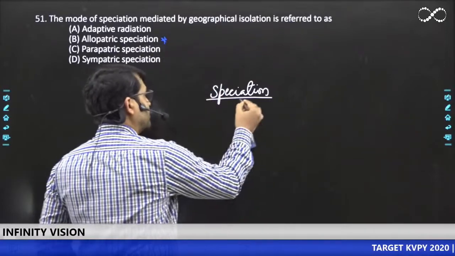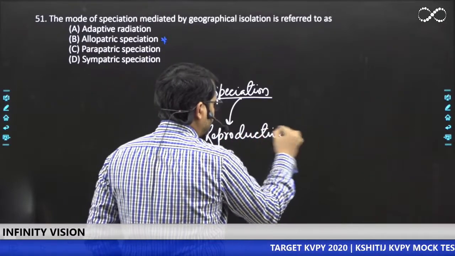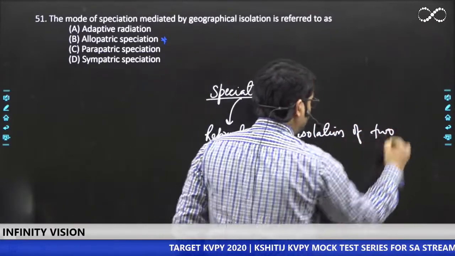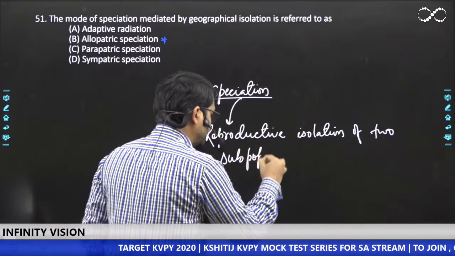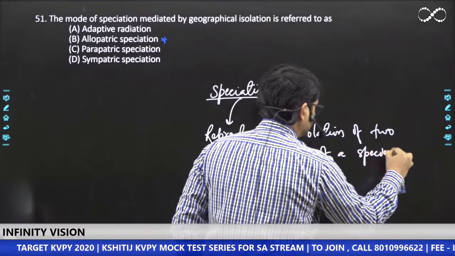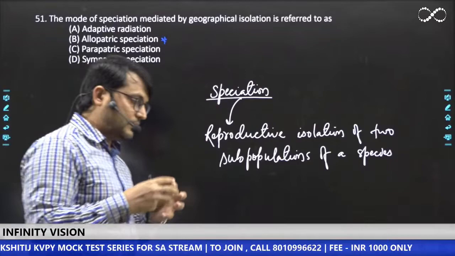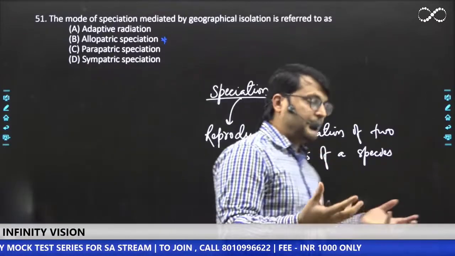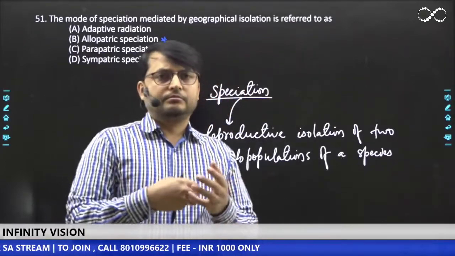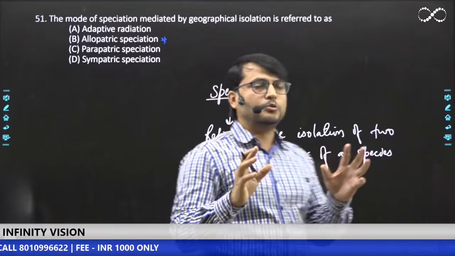So speciation occurs due to reproductive isolation of two subpopulations of a species. Suppose a species has two different subpopulations, and if both of these populations are somehow separated, reproductively isolated, then there is a chance that they can grow into two different species, or maybe one remains as it is in the same species and the other may evolve into another species, right? This is how evolution mostly works.